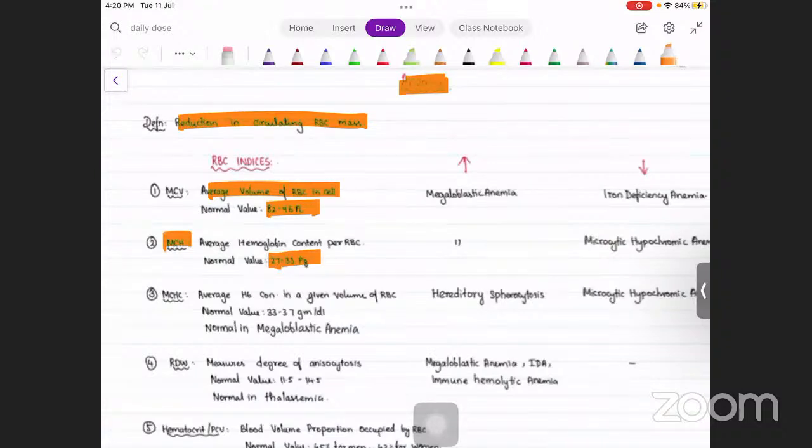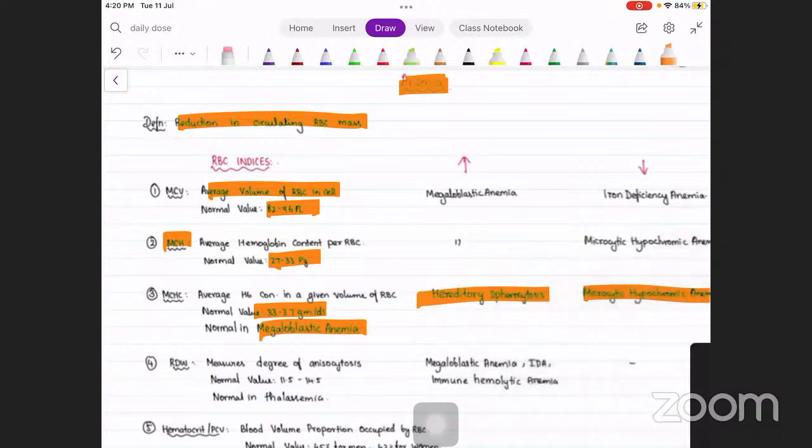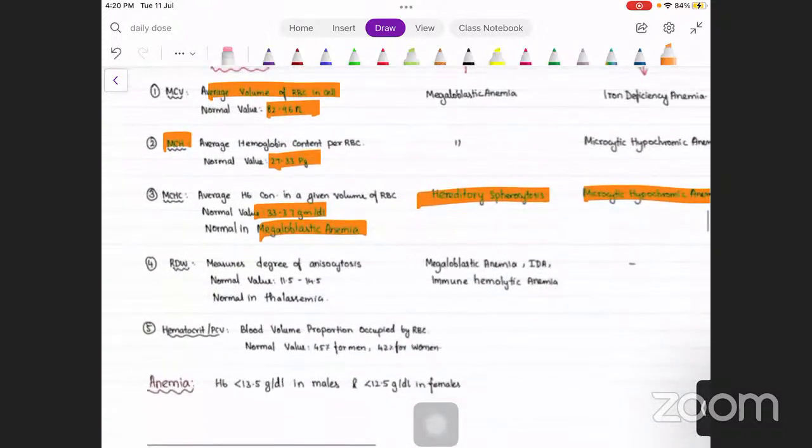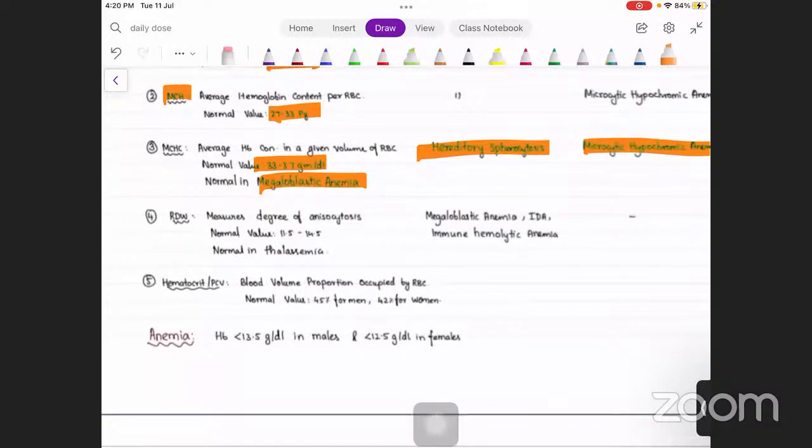Could be of any cause. Then you have MCHC, the average hemoglobin concentration in a given volume of RBC. Normal value is 33 to 37, normal in megaloblastic anemia, while it increases in hereditary spherocytosis and microcytic hypochromic anemia. Then RDW, normal is 11.5 to 14.5, increases in megaloblastic, iron deficiency, and immune hemolytic anemia.